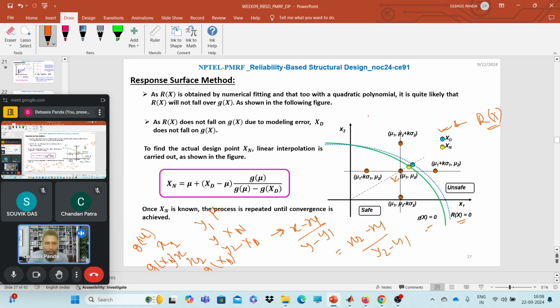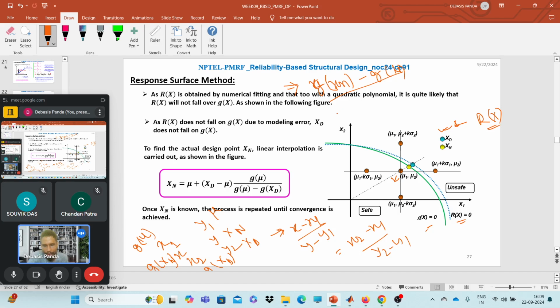Now do the interpolation. So what we will find here: for x, you have xn minus x1, g of mu, divided by x2 minus x1.